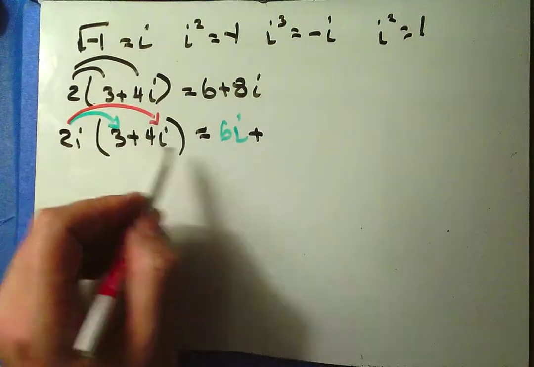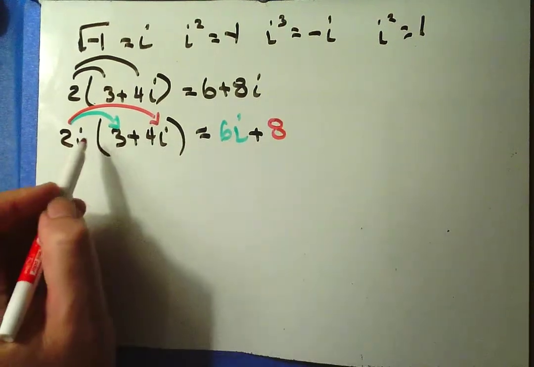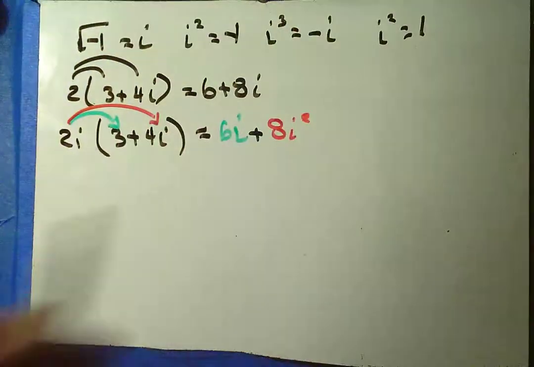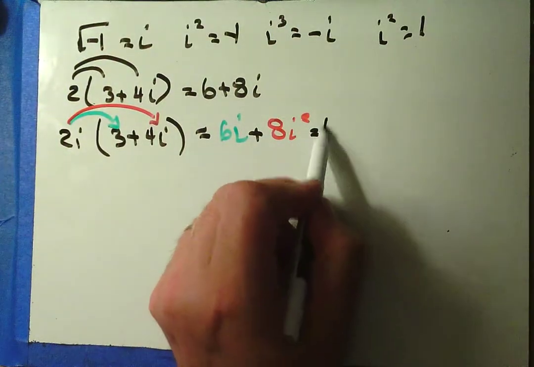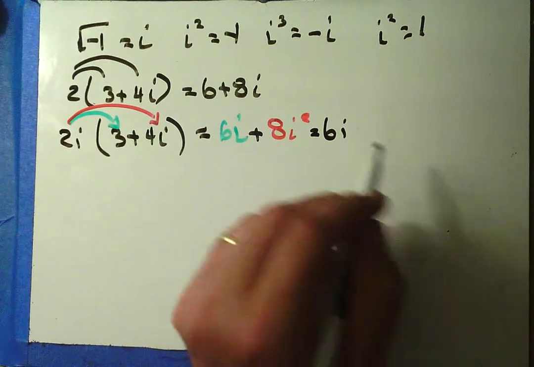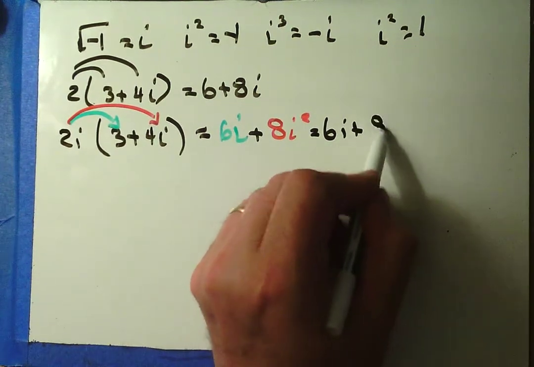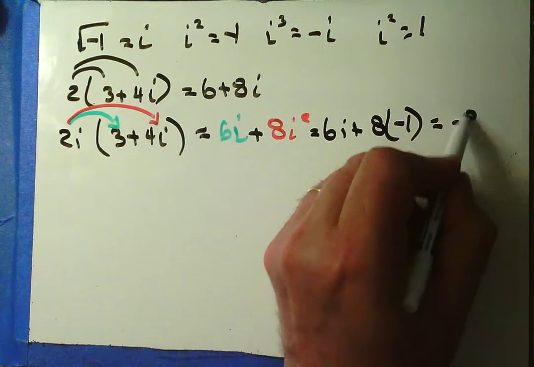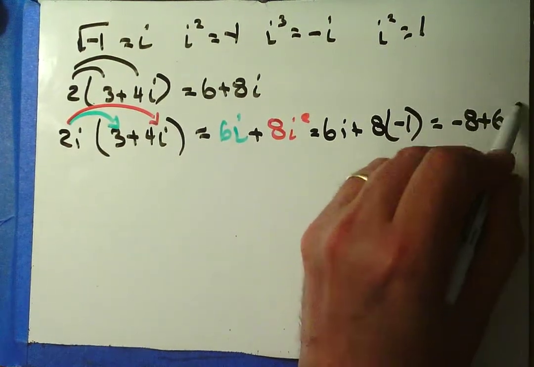And I know that 2 times 4 is 8, and I know that i times i is i squared. But we were just reminded a minute ago that i squared is the same as -1. And so this is going to be 8 times -1, and so I have -8 plus 6i.